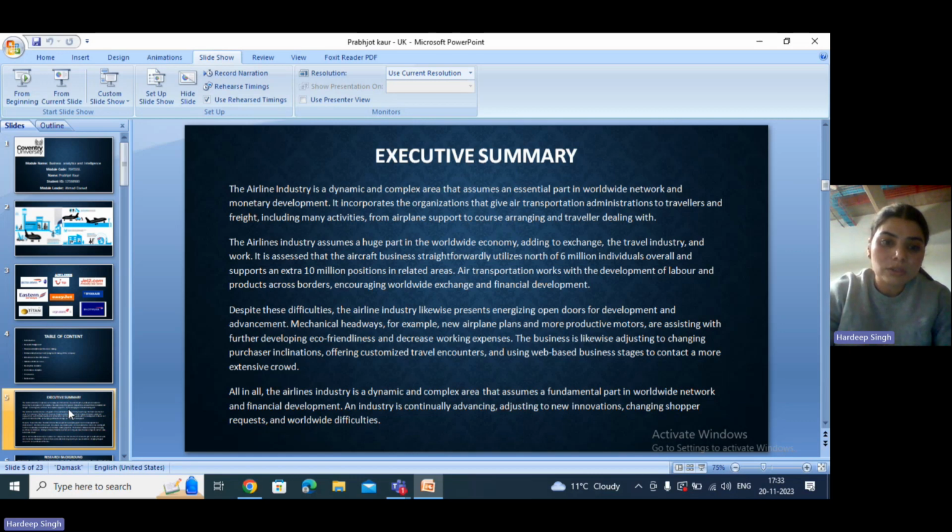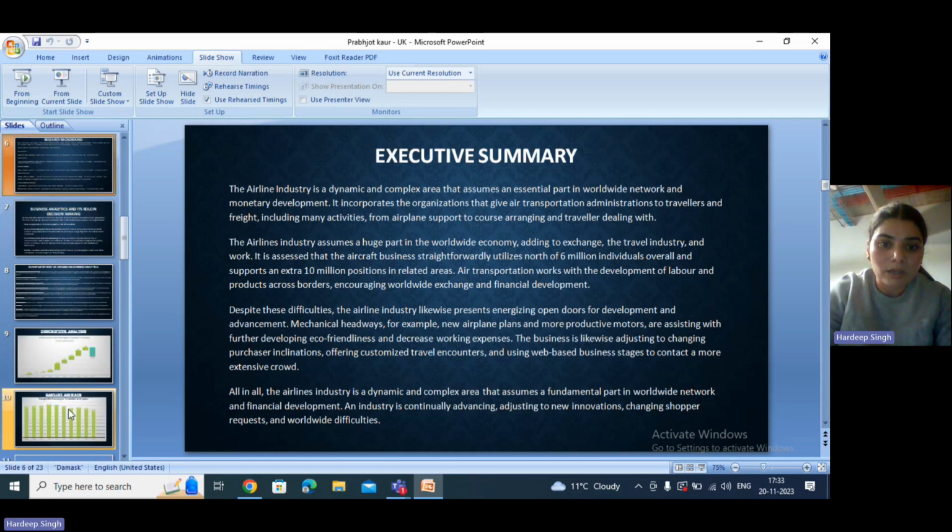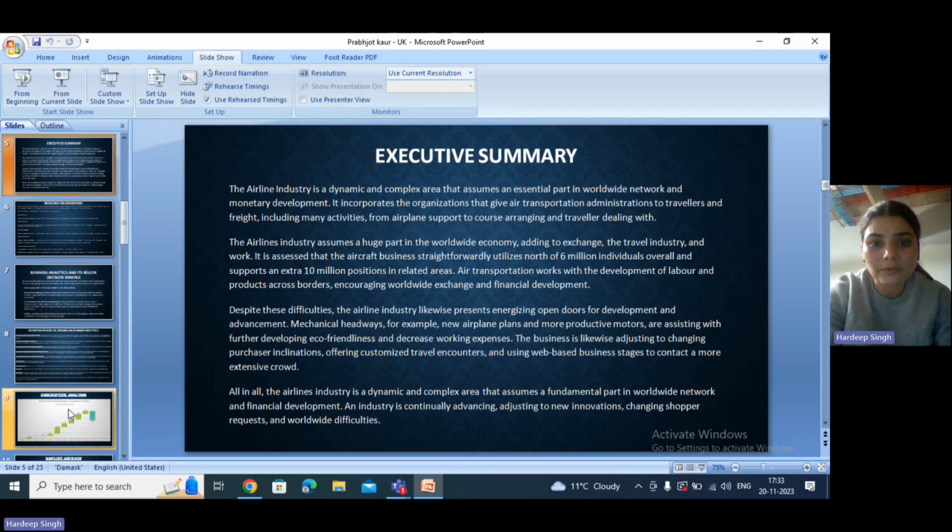All in all, I just want to describe that the industry is a dynamic and complex area that plays a fundamental part in the UK economy. The industry is continually advancing, and it is also introducing new features for the passengers and for the employees as well.